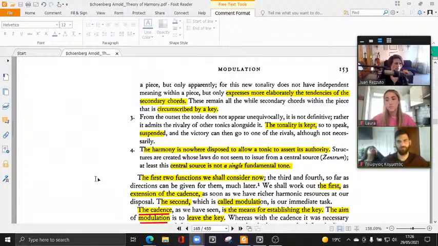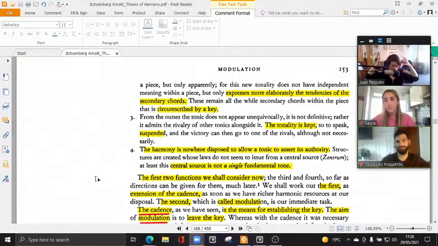Music such as, well, let's say Schoenberg himself, Wagner. Not atonal, but it's the step before it, and through the book we're going to see that. That's the interesting part.